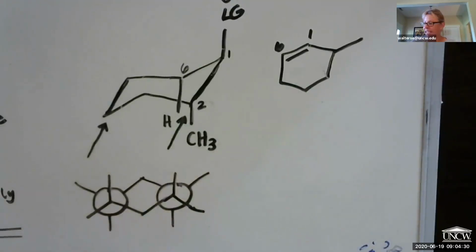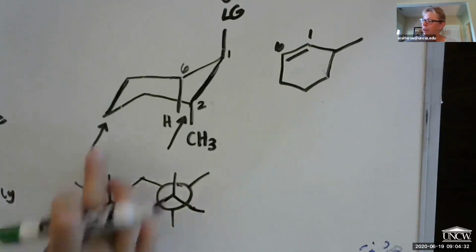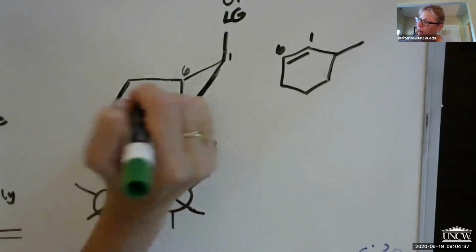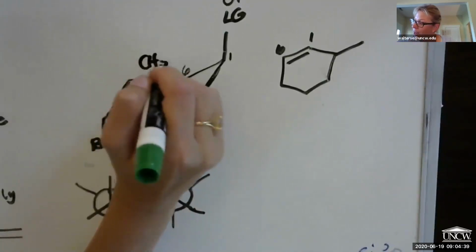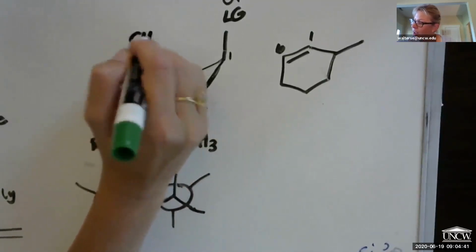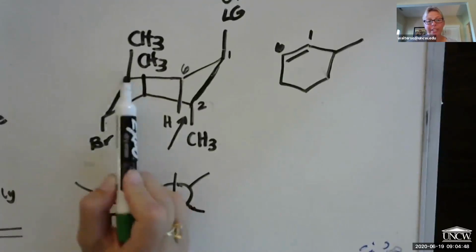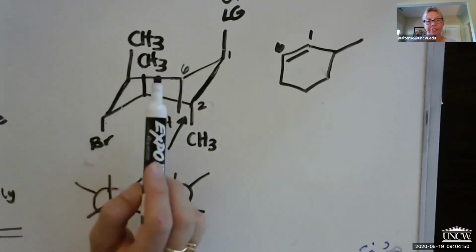And the only reason to do that would be if you had another leaving group here, but you had a bunch of substituents up here, there's no way the bromine could ever be a leaving group because the 2 carbons that are beta to it don't have a hydrogen.